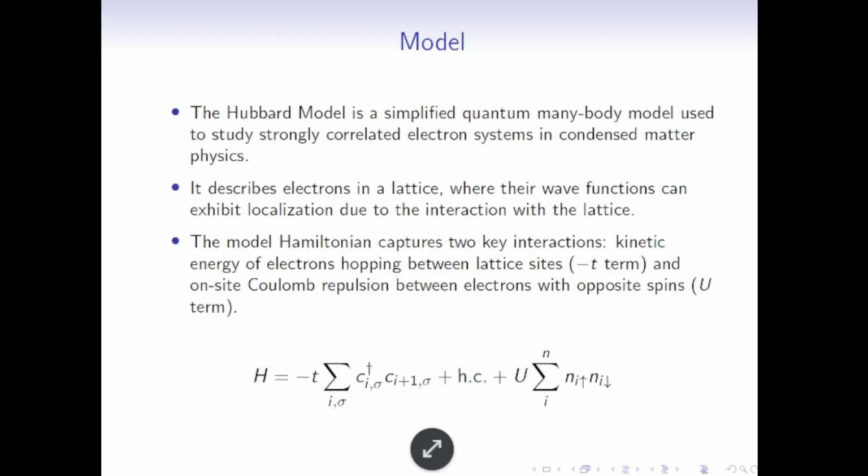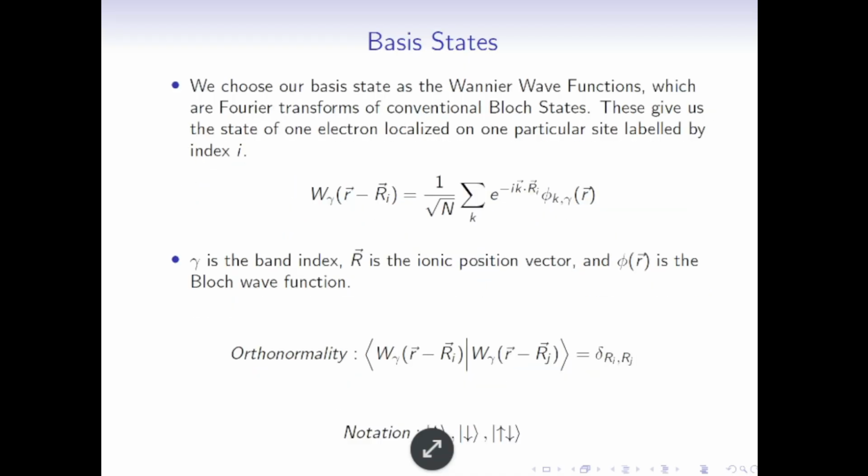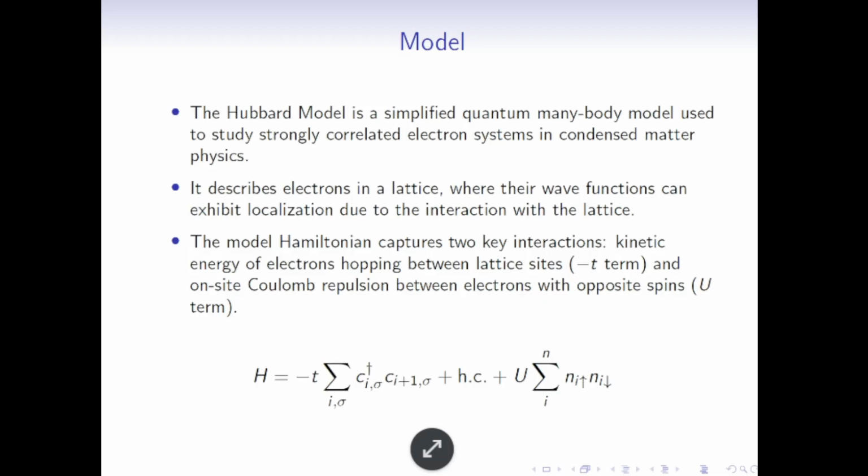Okay, so this is the introduction to the model. There are actually a couple of methods to solve this model, I think four methods. I should mention that analytically we can calculate only for one dimension.